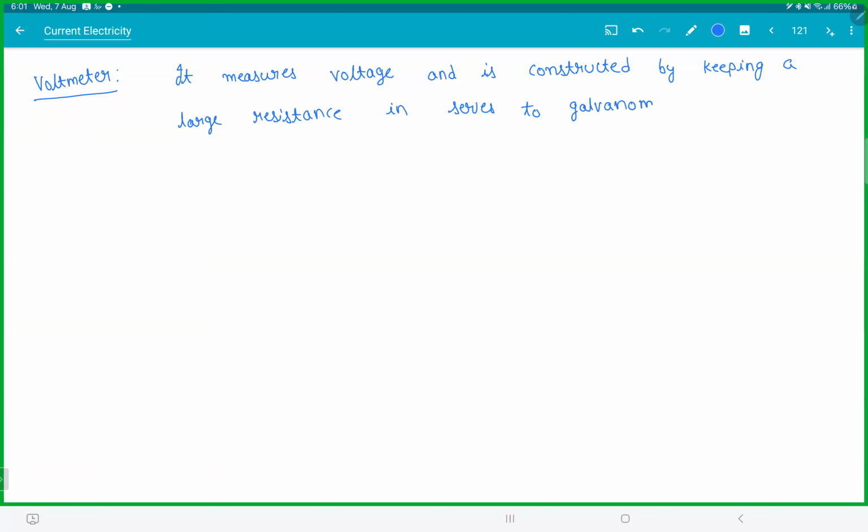Like I said, at the end of the day, the only one which can deflect is the galvanometer. We have to manipulate that only to give you everything. So this is how we construct it.